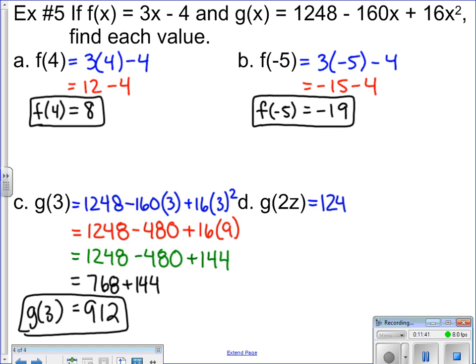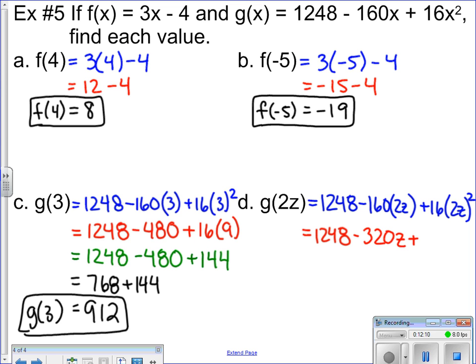So I'm going to put 2z behind the 160, and then I'm going to put 2z where the squared is. Now 1,248 doesn't change. 2 times 160 is 320, and then there's a z after that.